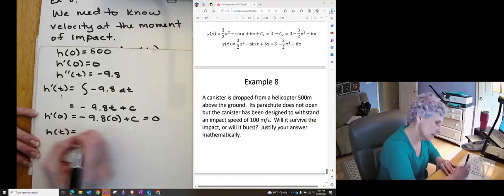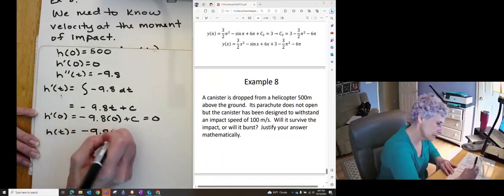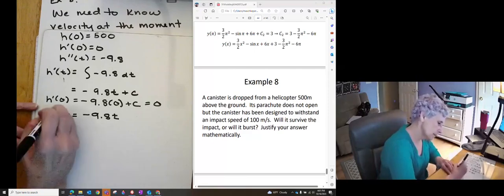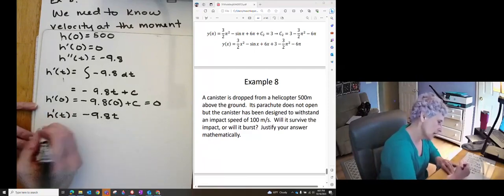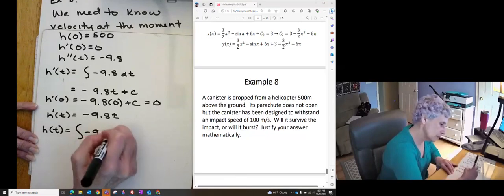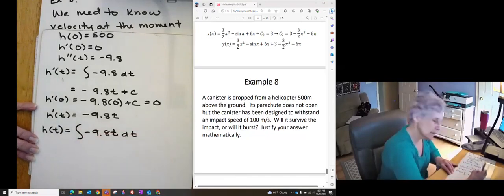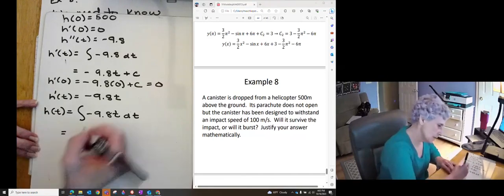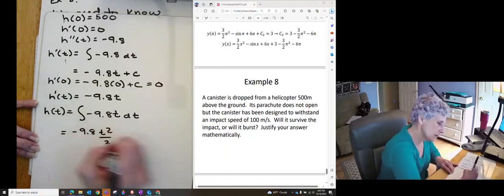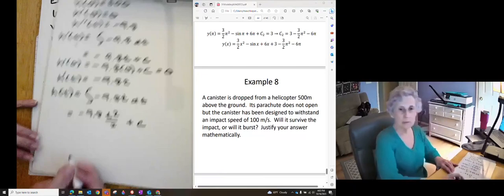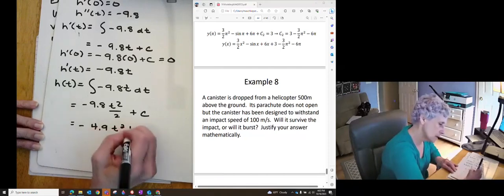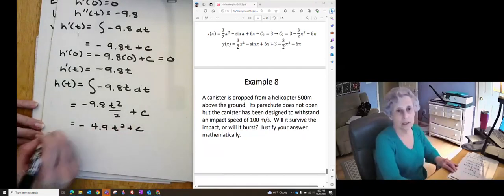So that constant is just equal to 0. That's h primed of t. h of t is going to be the integral of negative 9.8 t dt. So that's add 1 to the exponent, divide by the new exponent, plus a constant. So negative 4.9 t squared plus a constant.